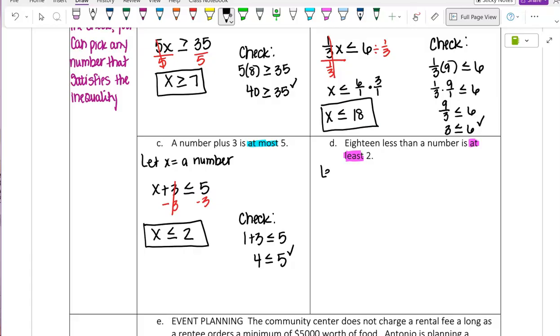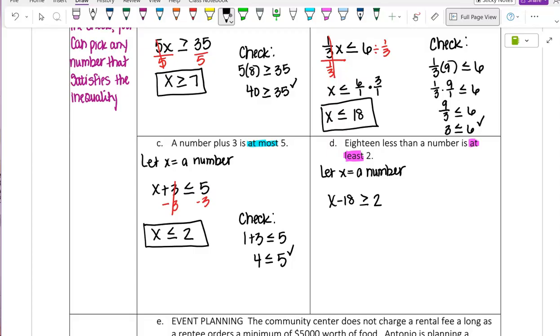So again, we're going to say let x equal a number. 18 less than the number means I need to subtract 18 from that number. So x minus 18 is at least, and at least would be greater than or equal to 2.